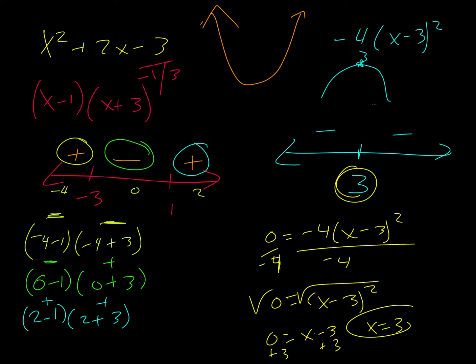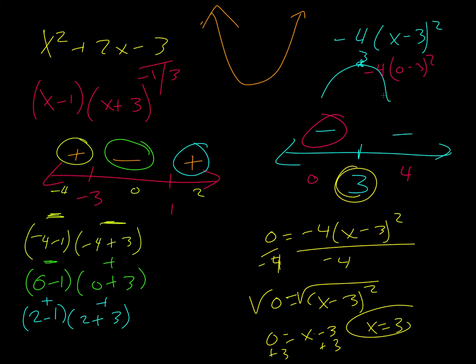Now, you may or may not feel comfortable with marking these as negative, so we just want to pick something to the left. 0 is to the left, 4 is to the right. And if we plug those into the original and see what the sign would be, that can help us out. So we plug in a 0 right here. 0 minus 3, quantity squared, times -4. So that's -3. -3 squared is +9. +9 times negative would give us a negative.